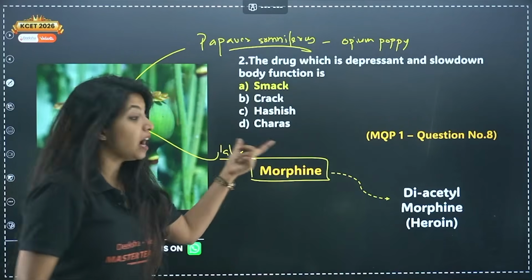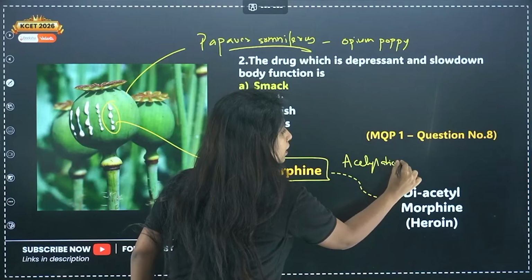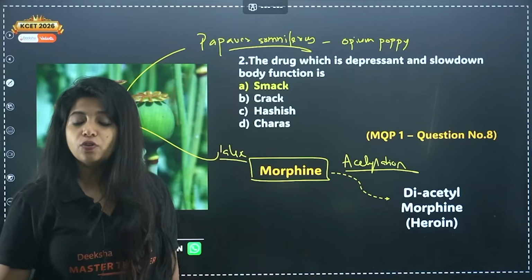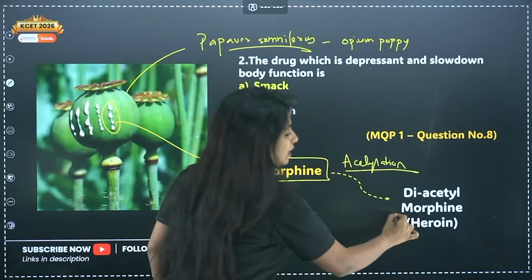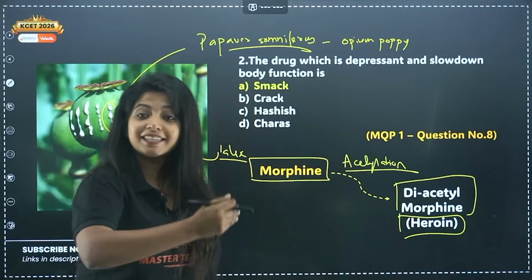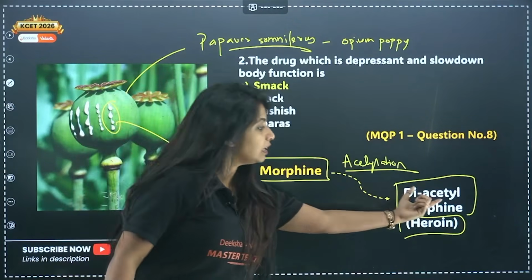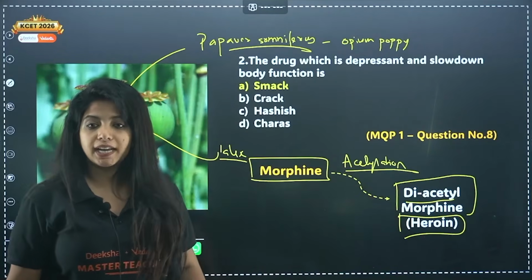Now this morphine undergoes a process known as acetylation. When it undergoes acetylation, it gives rise to the next drug, which is known as heroin, or diacetylmorphine. You have the term diacetylmorphine because it has undergone acetylation.